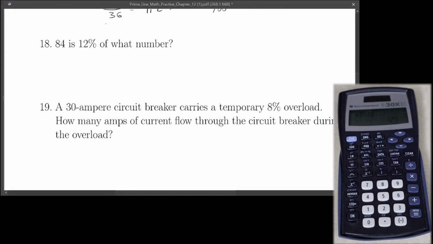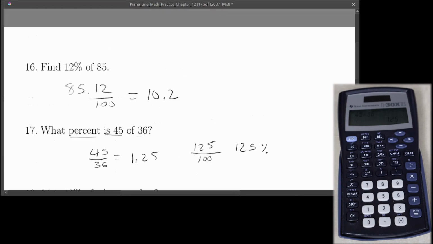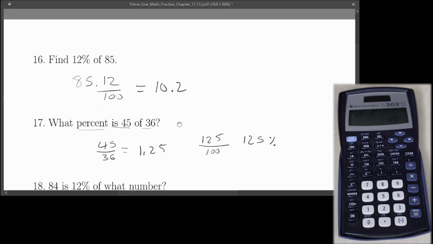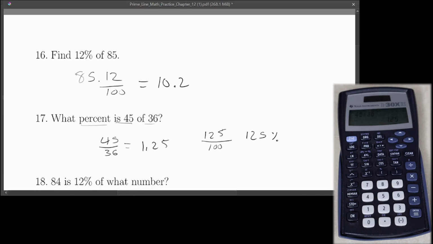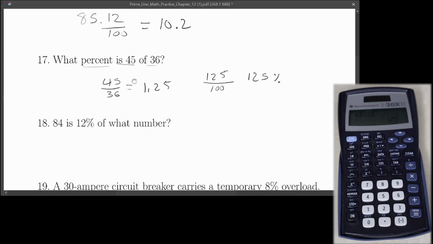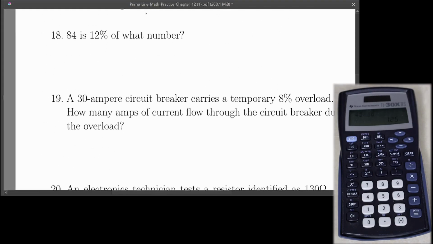Okay. 84 is 12% of what number? So this is similar to our earlier problem, except we've got these values switched. So we're saying 84 equals 12% of an unknown x.